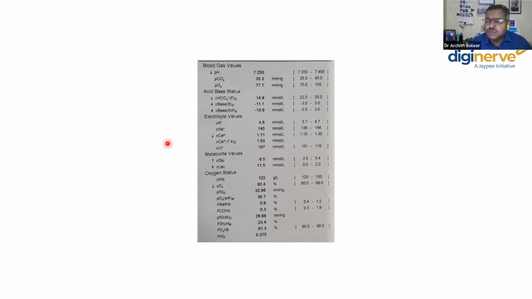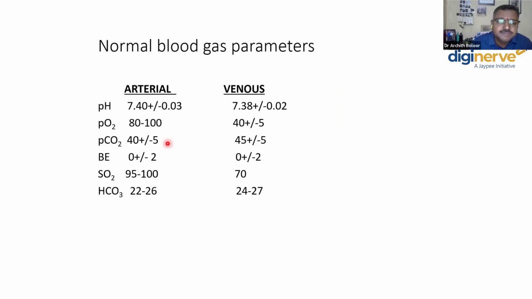Based on what machine you're using, you will get various patterns. But primarily we need to know the pH, the PCO2, the PO2, bicarbonate. With this we can make out, and the base excess sometimes helps us, in identifying the acid-base disorder that is there.